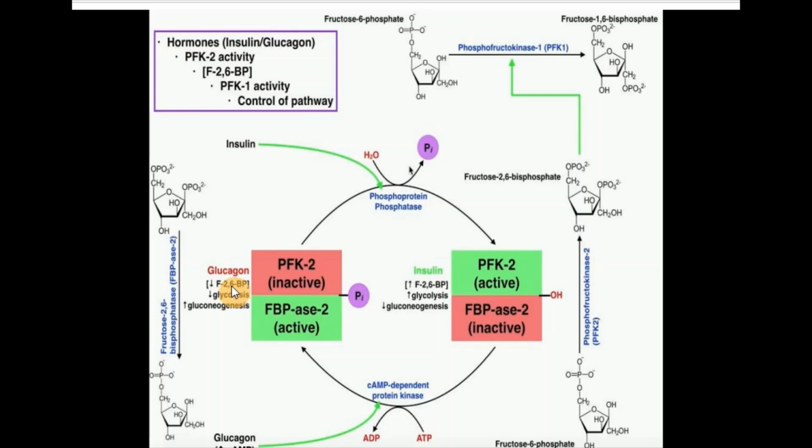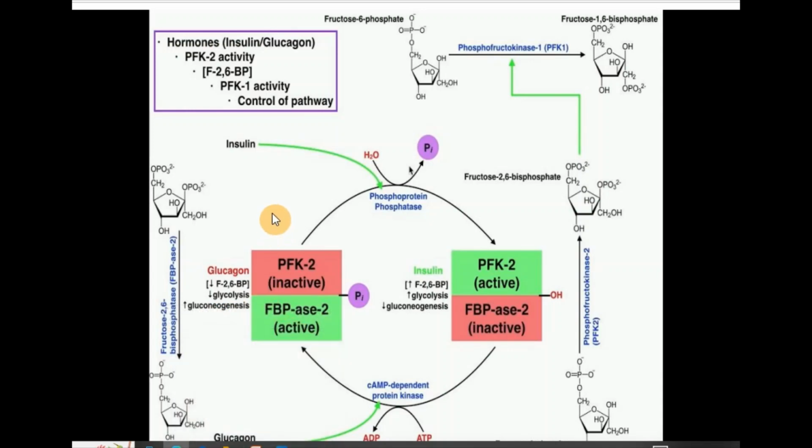This is due to activation of the fructose 2,6 bisphosphatase, which converts the fructose 2,6 bisphosphate to fructose 6 phosphate. When you have low concentration of fructose 2,6 bisphosphate, glycolysis slows down and gluconeogenesis speeds up.